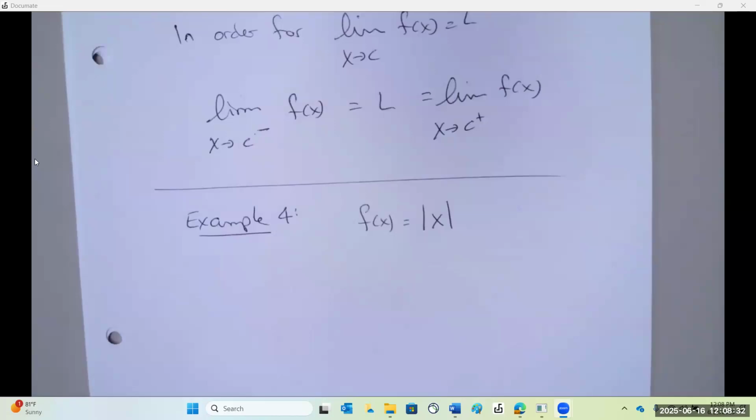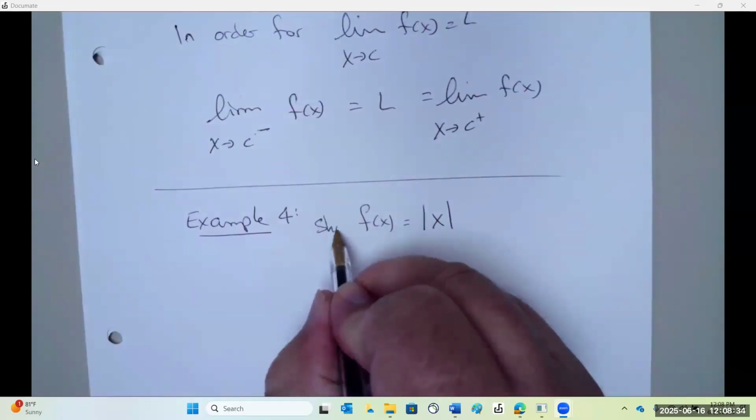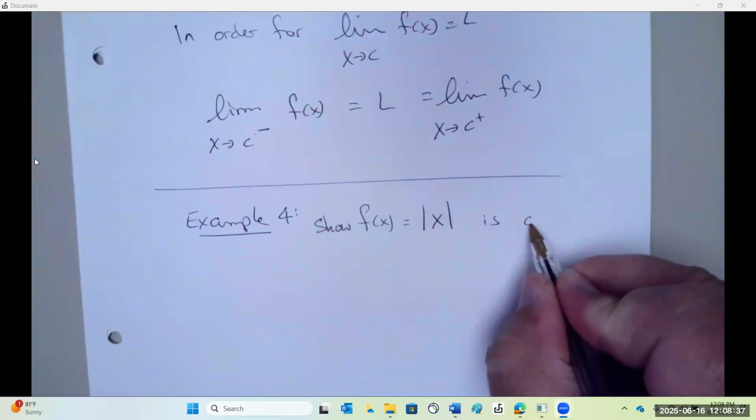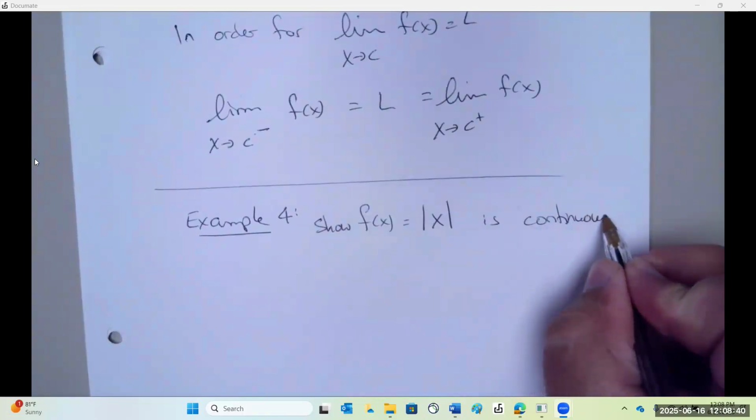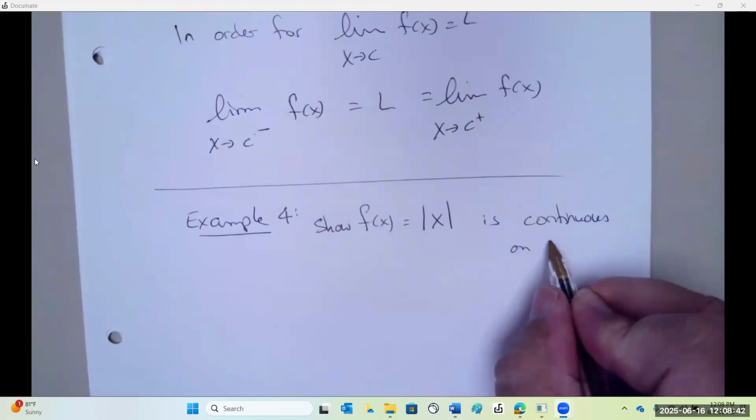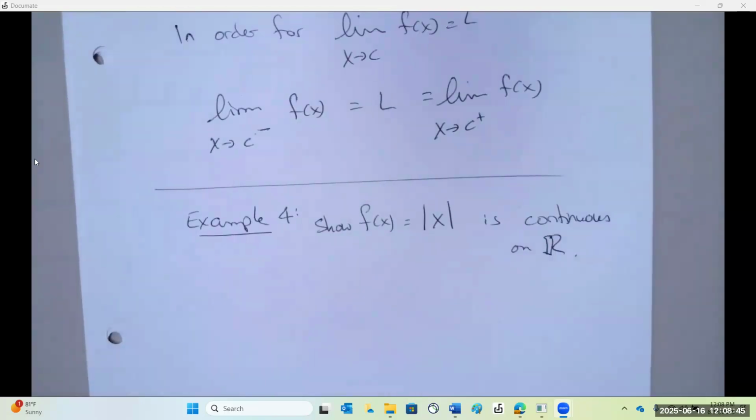Prove that that's continuous. Show that the absolute value function is continuous on all real numbers. First off, what's the graph look like of the absolute value? You don't know? How many of y'all remember the library of functions?